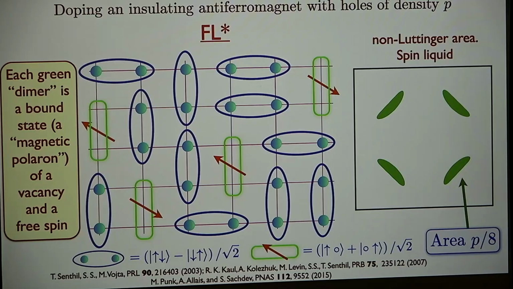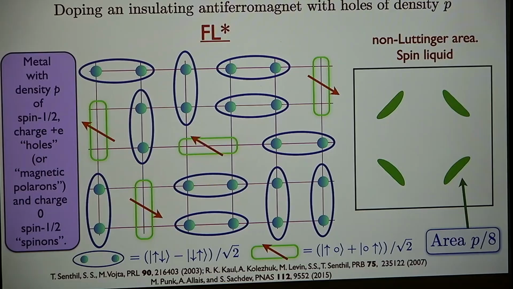And now you'll have a new system, which we call FL*, where you still have the spin liquid, but the charged excitations are these bound states. So what is the bound state? These are these green objects. It's a bound state of a spinon and a holon. And these can move around too. And in everybody's spin liquid, the bound state of a spinon and a holon is basically an electron.